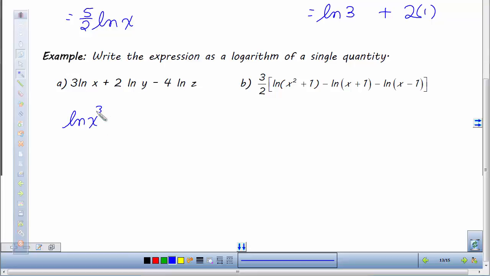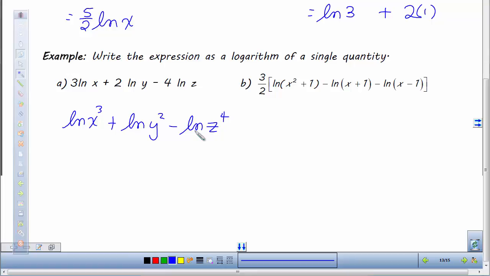X to the third, very good, plus natural log of y to the second, minus natural log of z to the fourth. So we kind of undid that power rule. Now, looks like we've got natural log distributed to all of these terms. The first two are positive, the third one is negative.